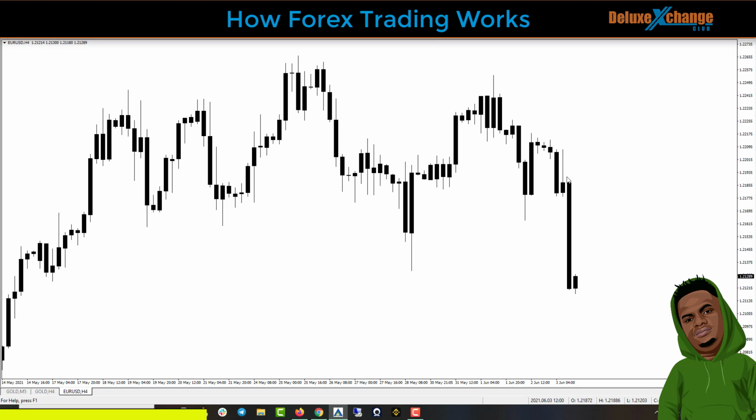Now that could be a little bit confusing, but what you will notice up in the corner is EUR USD. EUR is the euro, USD is the US dollar. If the euro is the first pair, then whatever this chart is doing represents what the euro is doing against the dollar.